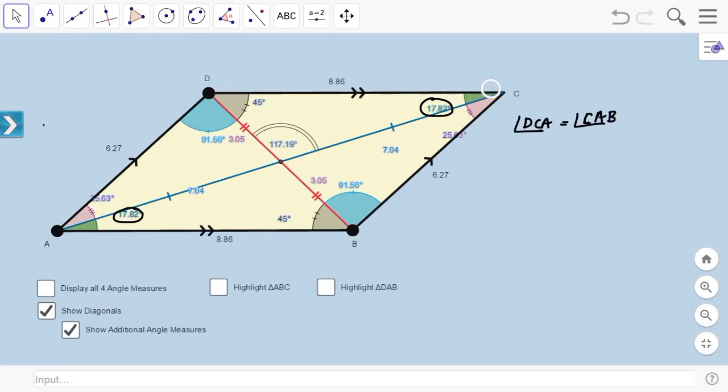One pair of alternate angles, Z shape. Now if you start from C, then CDB is equal to DBA. This is one more alternate angle.